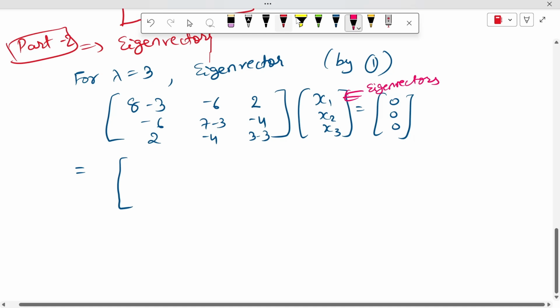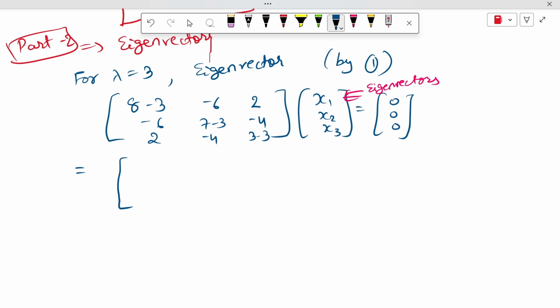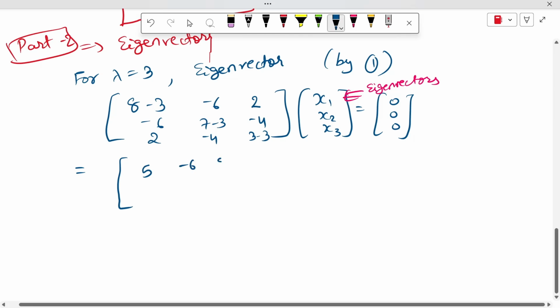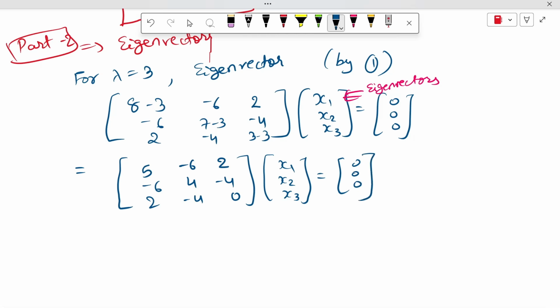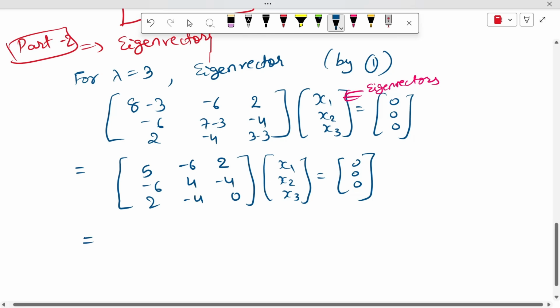Solving this, we get 5, minus 6, 2; minus 6, 4, minus 4; 2, minus 4, 3 minus 3, which is 0, into x1, x2, x3 is equal to 0, 0, 0. Now we have to find the values of x1, x2 and x3. So for that we will solve this.